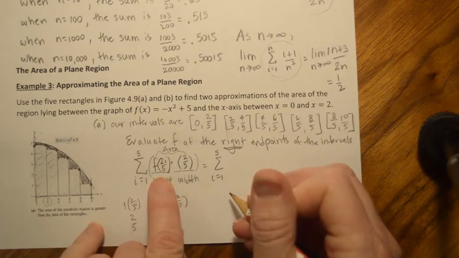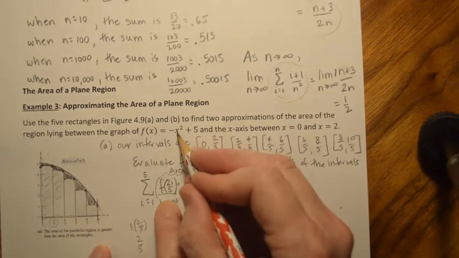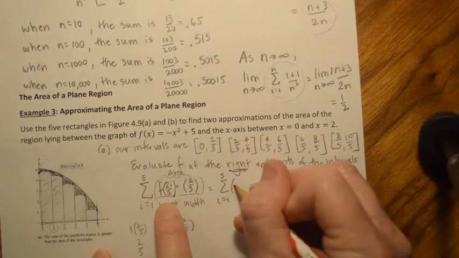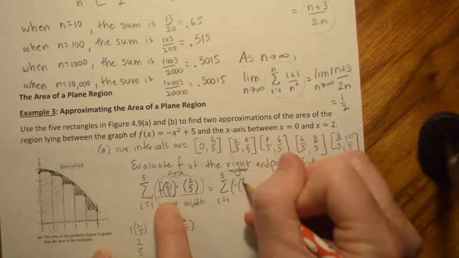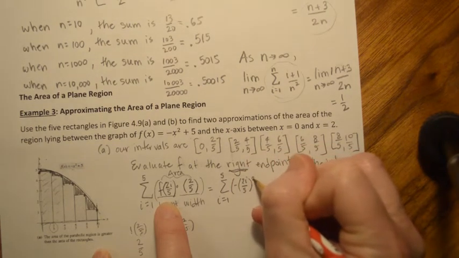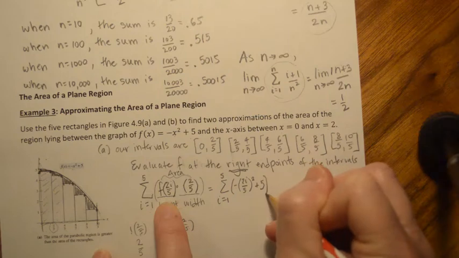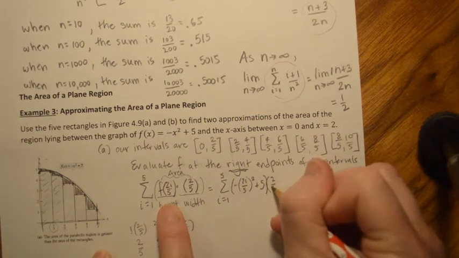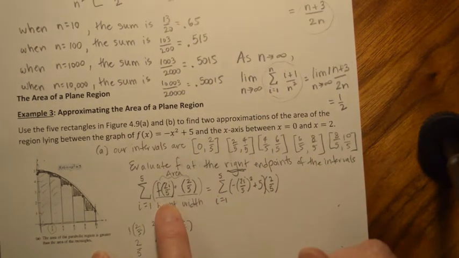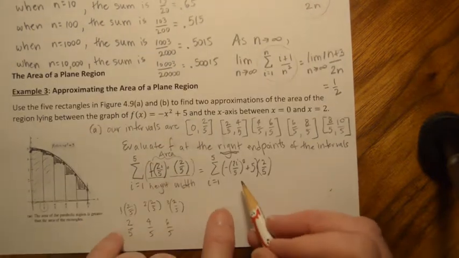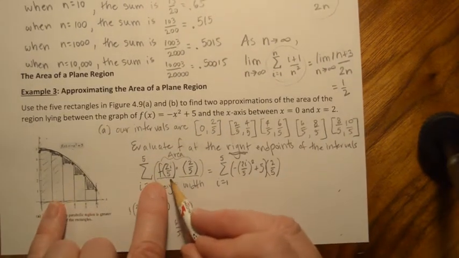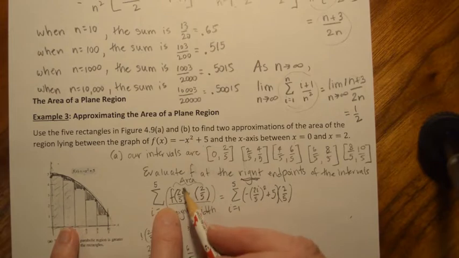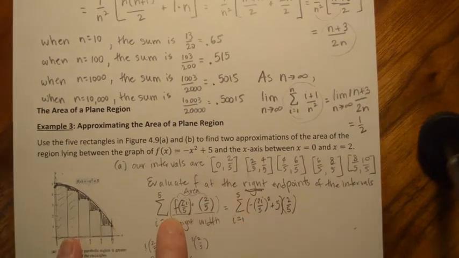And when I plug 2I over 5 into this, I get negative 2I over 5 squared plus 5 times 2/5. So I just took this f of 2I over 5, I plugged 2I over 5 in here, and I got this.